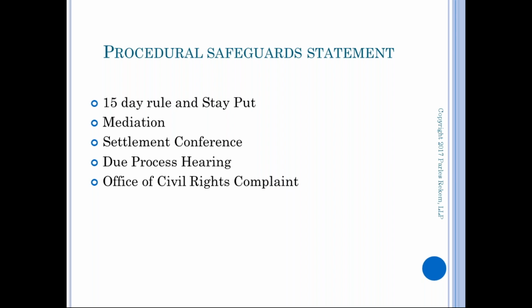Once you file for due process, the first step is either a resolution conference or mediation with the Department of Education. If it does not settle, the matter gets transmitted to the Office of Administrative Law, and you go to a settlement conference in front of a judge.